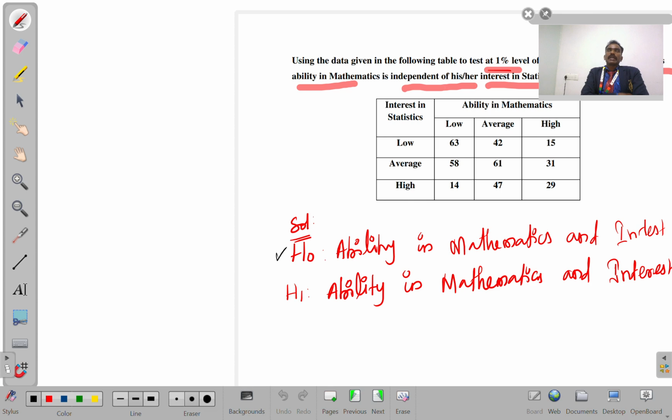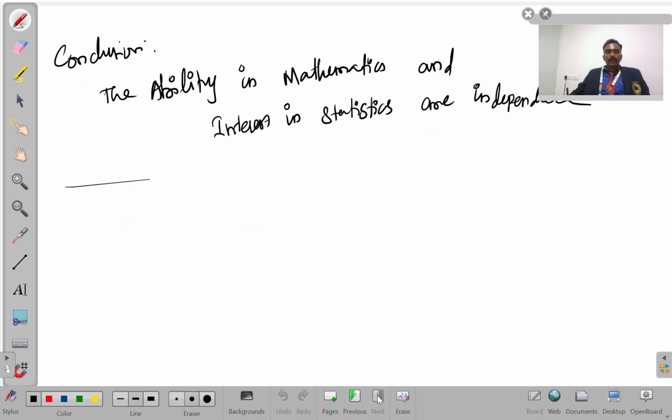In the chi-square test we have two types: chi-square test for independence and chi-square test for attributes. I'll give you another problem.